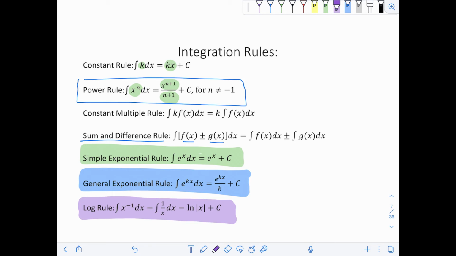So if you accidentally apply the power rule, just know that you're going to get divided by 0, which means, wait, that's weird, what's going on? Hopefully it triggers in your mind, oh, that's right, specifically if the exponent is negative 1, that actually is the natural log rule. So that's the only time where we would not use the power rule, and instead we'd use this natural log integration rule.